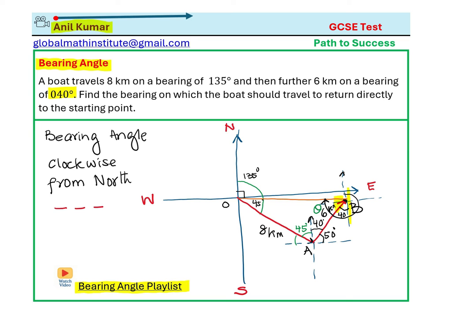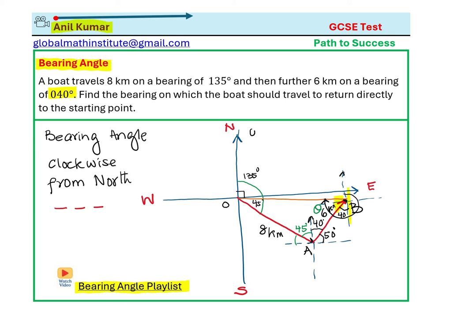So you can use cosine law, since we know side angle side, to find O to B length. Is that clear to you? Right. So we'll use cosine law to find OB.